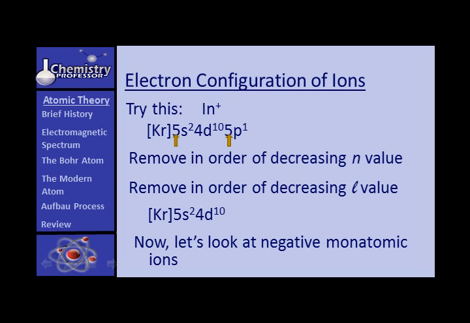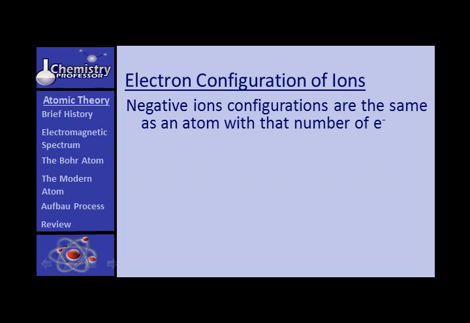All right. Let's look at some negative monatomic ions. Now, negative ions, generally their configuration is the same as an atom with that number of electrons. For example, consider the sulfide ion. The sulfide ion has 16 electrons as sulfur, plus it's gained an additional 2 electrons.